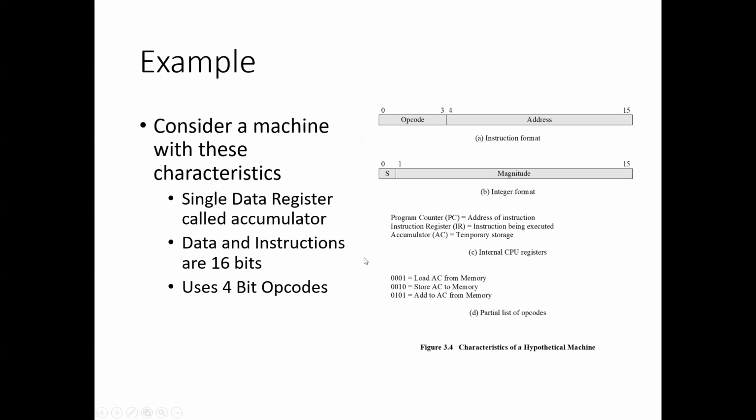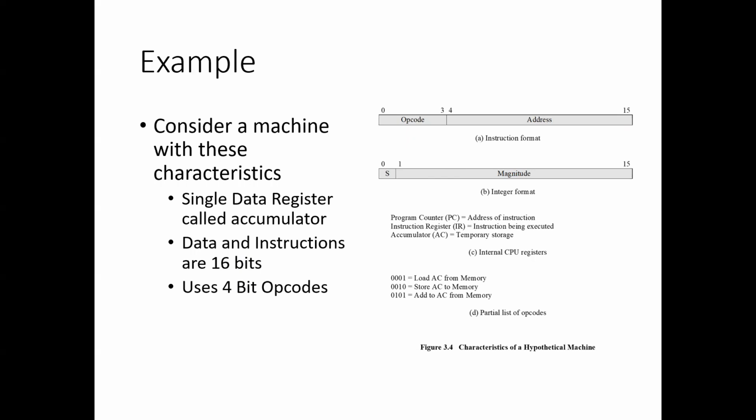Consider a machine that has a single data register called an accumulator. Data and instructions are given in 16 bits, and it uses 4-bit opcodes. So if you have an instruction, it will have an opcode followed by an address, and a partial list of opcodes is given there. 0001 is load the accumulator from memory. 0010 is store the accumulator to memory. 0101 is add to the accumulator from memory.